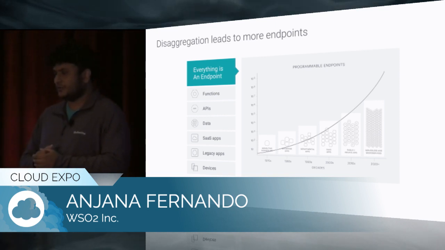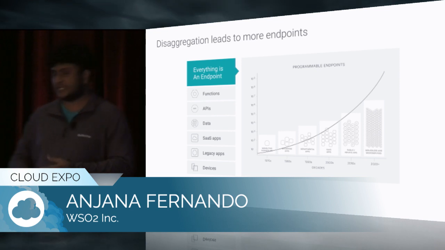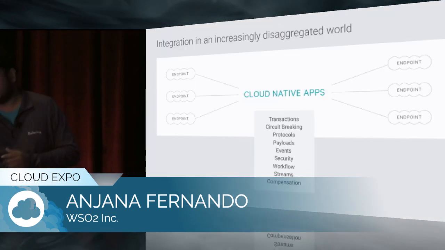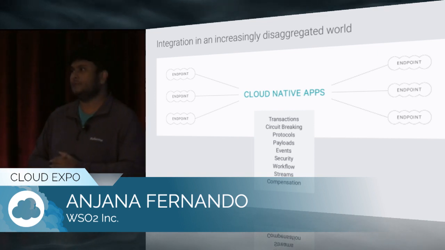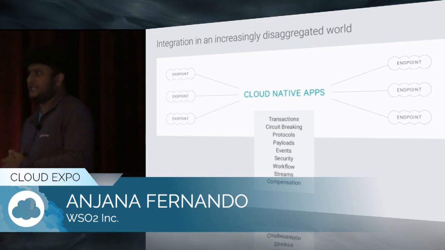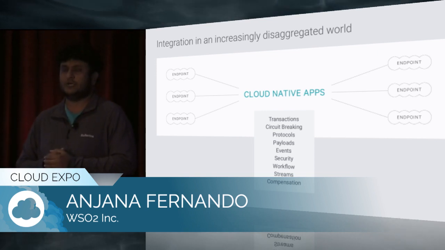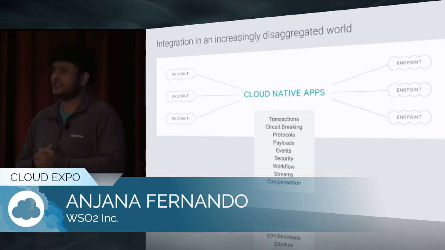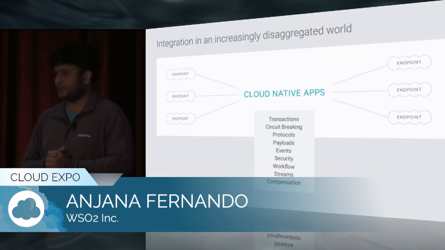With communicating with these endpoints and creating these compositions, we come into the problem of integrating with these endpoints. That means you have to do resilient communication, you have to discover endpoints, and so on.